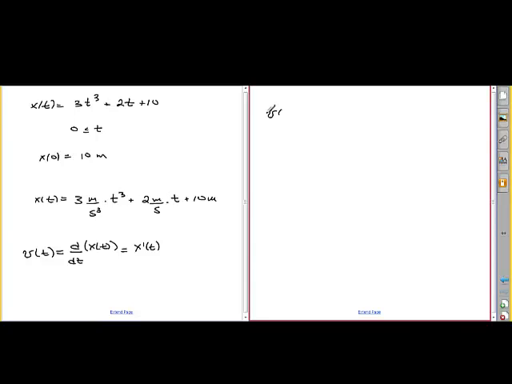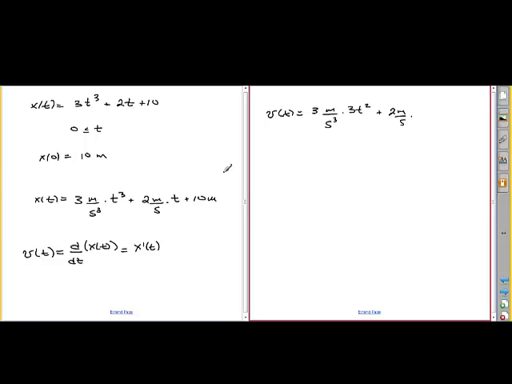So we can say v of t is the derivative of this 3t cubed: 3 meters per second cubed, times the derivative of t cubed with respect to t, which gives 3t squared. The second part, you would have 2 meters per second times the derivative of t.